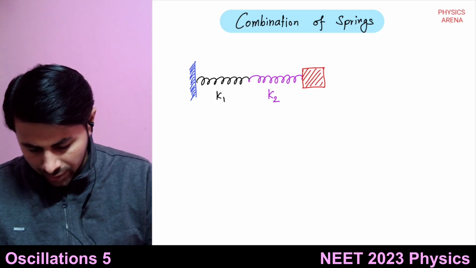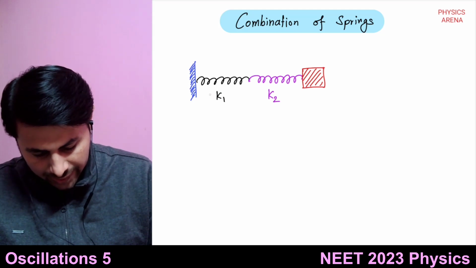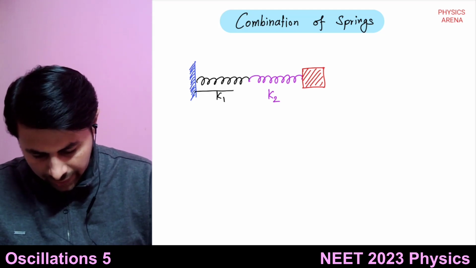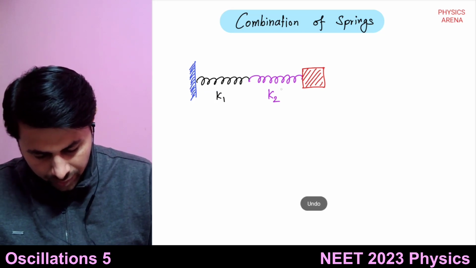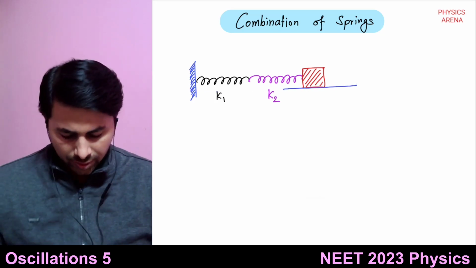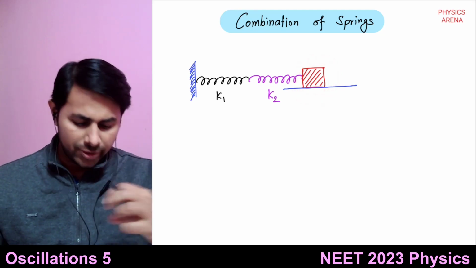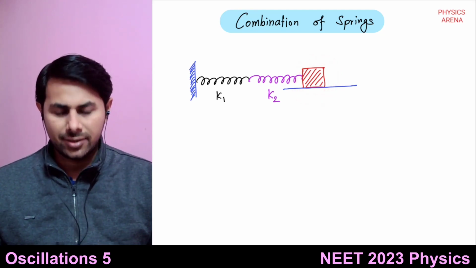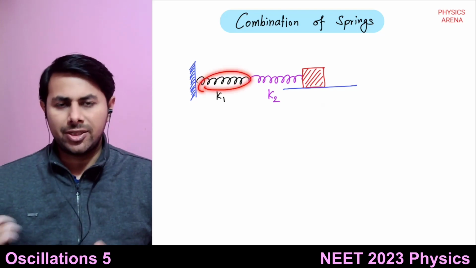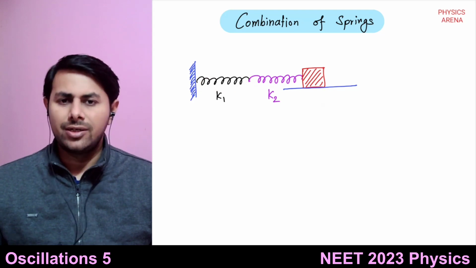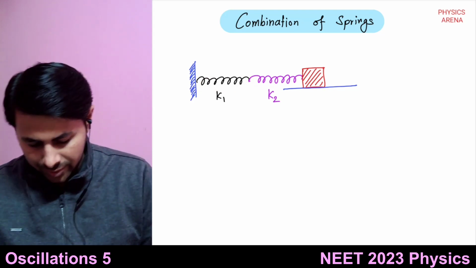Now let's consider the system like this, and suppose we pull this block by distance x. Suppose the displacement in the first spring is x1, and the displacement in the second spring is x2.